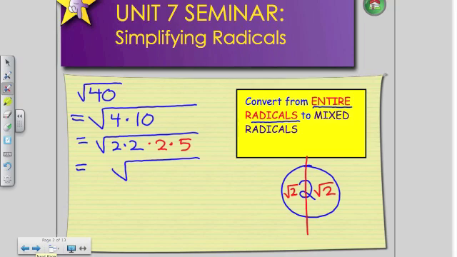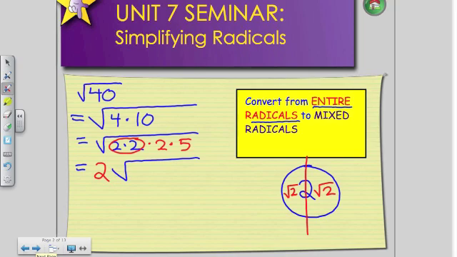Okay? So because of that, we need to take one pair, or as many pairs as we have, on the outside. So both pairs make a whole number 2 on the outside of the radical, and underneath the radical we're left with 5 times 2.